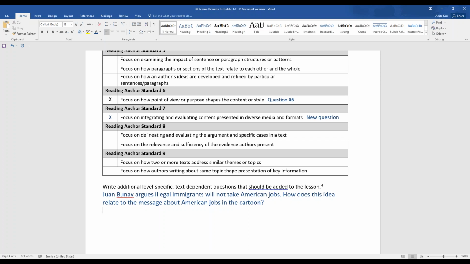That question specifically forces them to integrate information from 2 resources, whereas the other ones currently don't do that. Hopefully that makes sense. Remember, one of the things we're looking for is not just, is the standard kind of mentioned, but is the standard actually being met, right? In all the component parts of it.